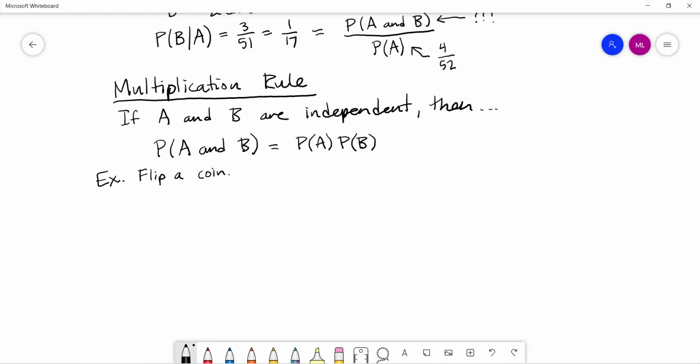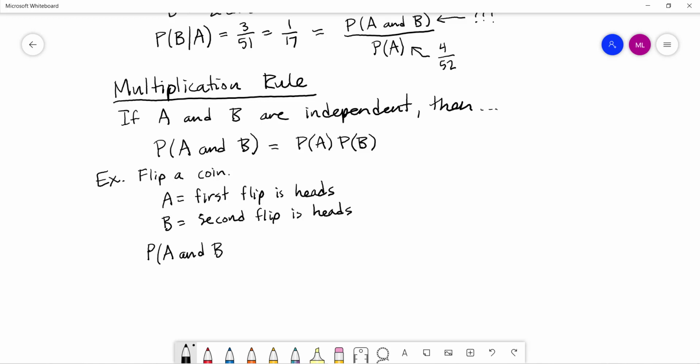So if I let event A be that the first flip is heads, and event B be getting the second flip to also be heads, I want to know the probability that the first flip is heads and the second flip is heads.